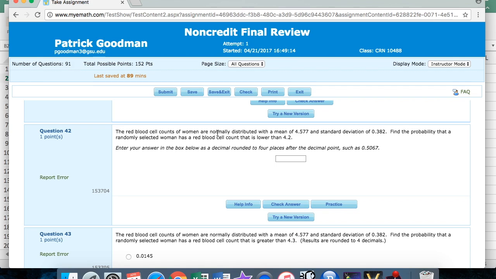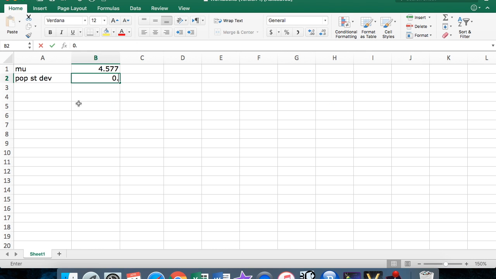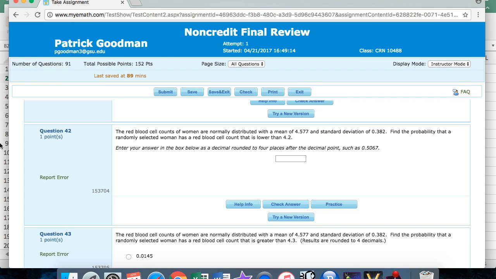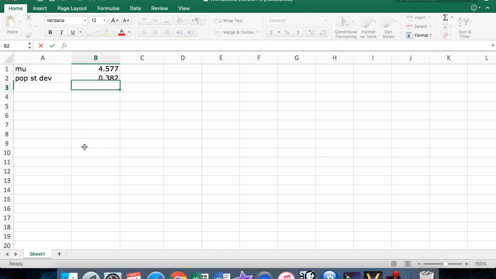Well, what was this mean? This was the mean of all the blood cell counts of all women, right? So this is the population mean, then that means this is the population standard deviation. So 0.3 junk, 382.